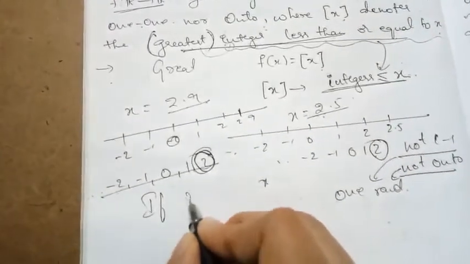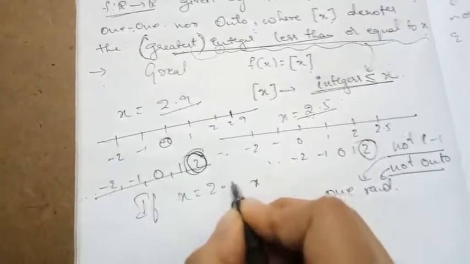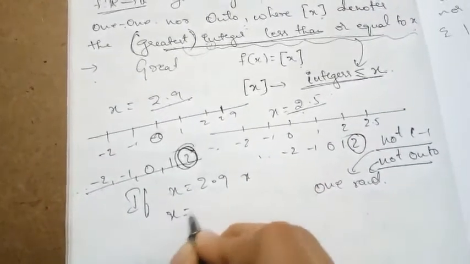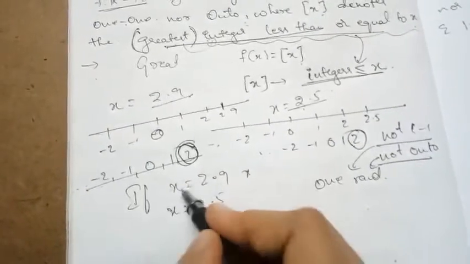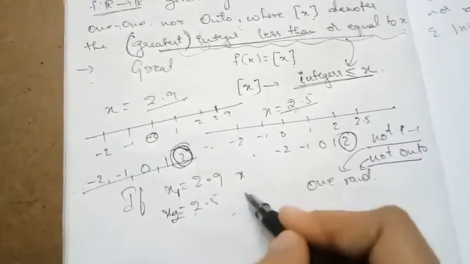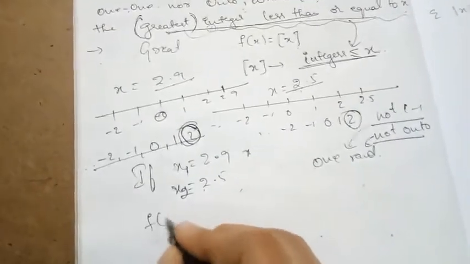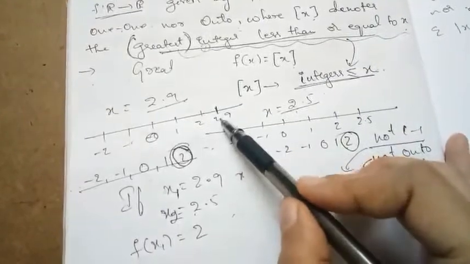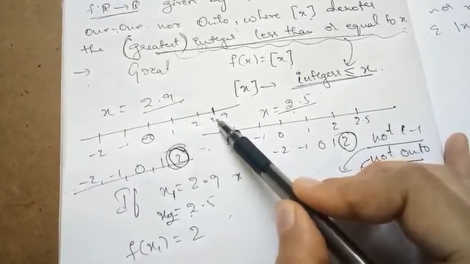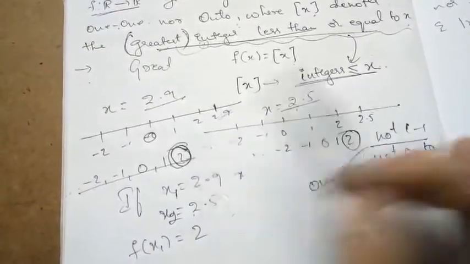Suppose I take x1 equal to 2.9, and another x2 equal to 2.5. Both the values x1 and x2 are different. But f of x1 is 2, because if I consider 2.9, the greatest integer less than or equal to 2.9 is 2 itself.